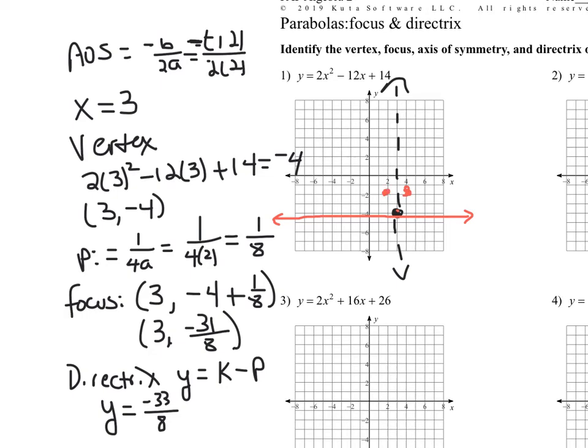And it should be symmetric about the axis of symmetry. So I'm going to draw my parabola in right here like this. So once I find a point on one side of the parabola, it'll be easy for me to find a point on the other side of the parabola because it's symmetric. So once I know one point, I can find the other.